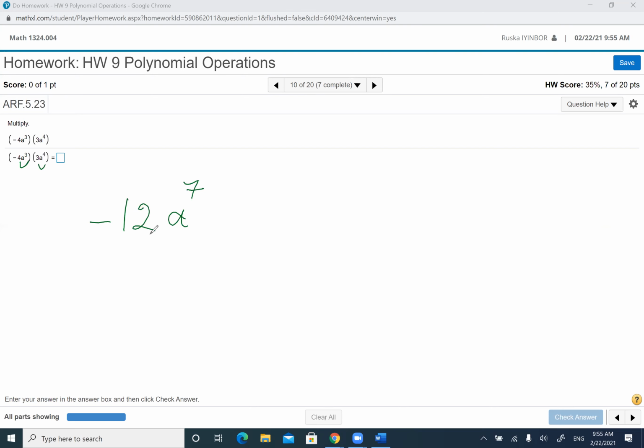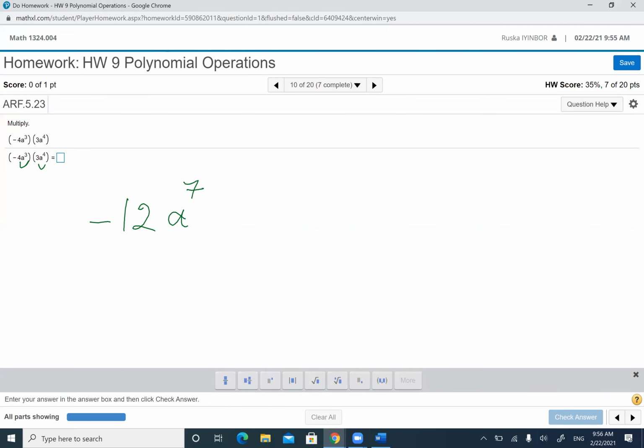When you multiply two monomial terms, you multiply the numbers, and you combine the exponents for the same variable, A with A, B with B. So my final answer here should be -12A with exponent 7, because you're multiplying the numbers and adding the exponents for A.